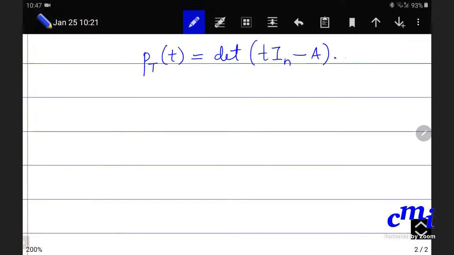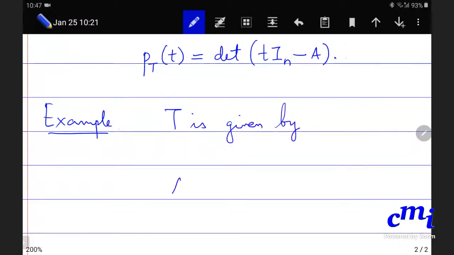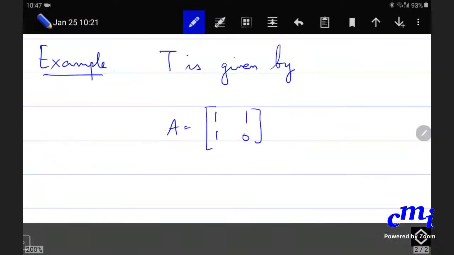Let us quickly do an example. Let us say that T is given by the matrix A, again with respect to some basis. What exactly that basis is usually not relevant for computing the characteristic polynomial.